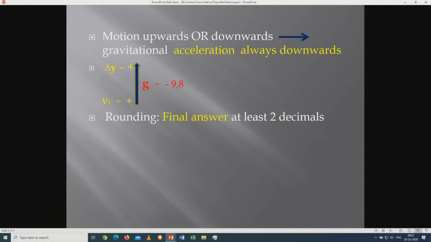Either use the answer that you get on your calculator, or at least stick maybe to 3 correctly rounded decimals in your first step. But then your final answer must be correctly rounded to 2 decimals.